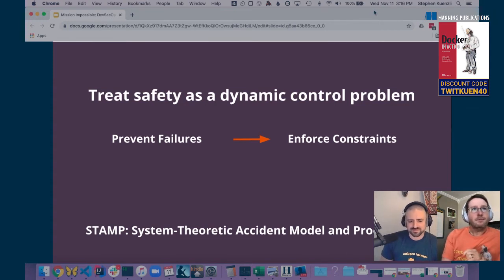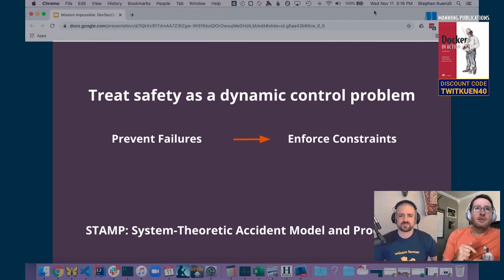And so the idea in STAMP is that we define and establish safety constraints for the system and let the control plane, the control system, enforce and converge operations to desired state quickly. So people who have been doing DevOps and infrastructure as code and containers, this is actually a pretty familiar thing.